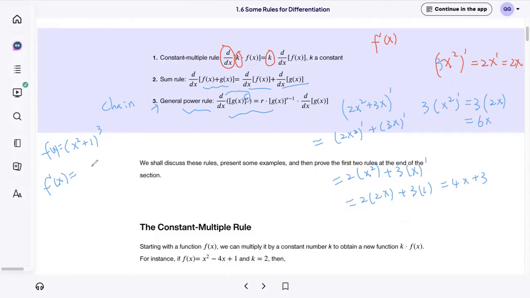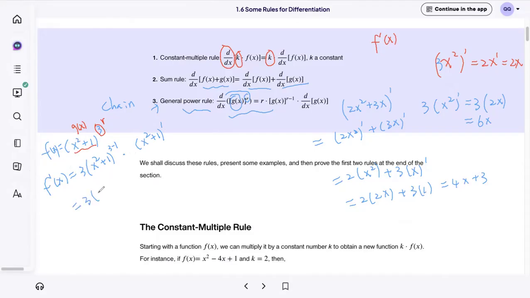I pull this 3 out. Now I keep the inside. Remember the inside is g of x, right? This inside is g of x. Then I subtract 1 from the exponent. Then I differentiate the inside. Then I simplify this.